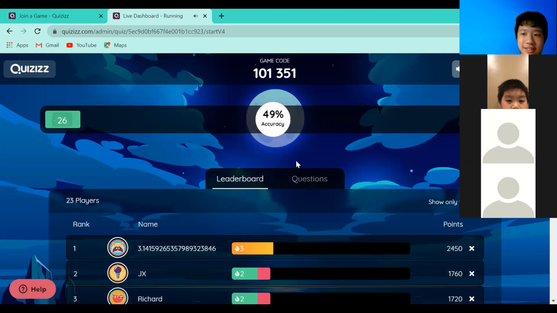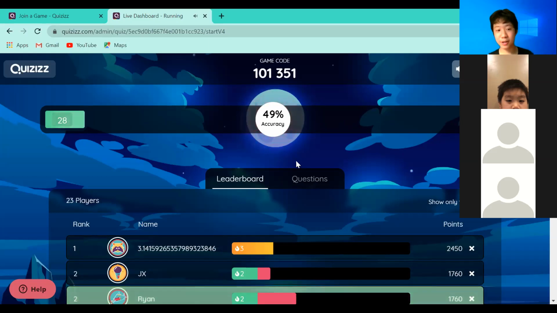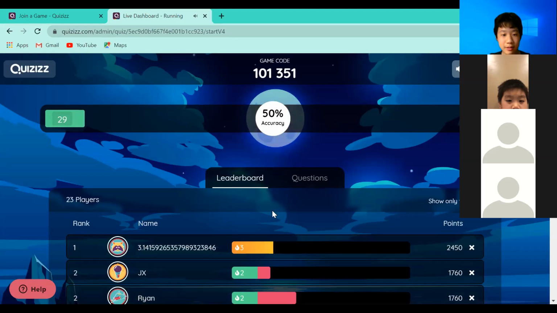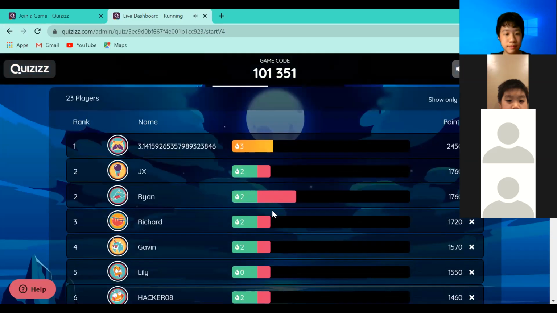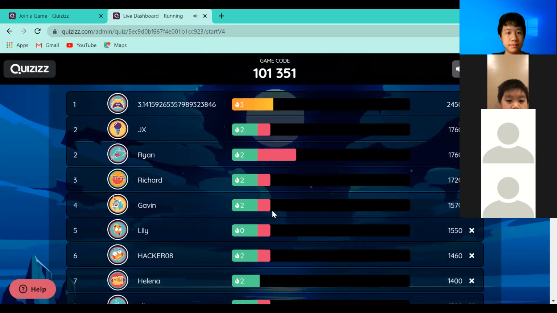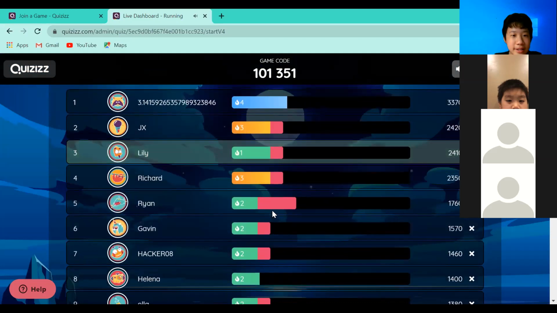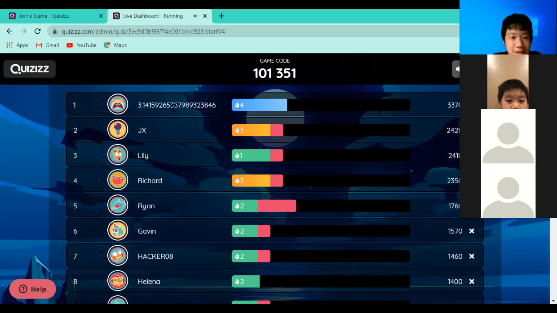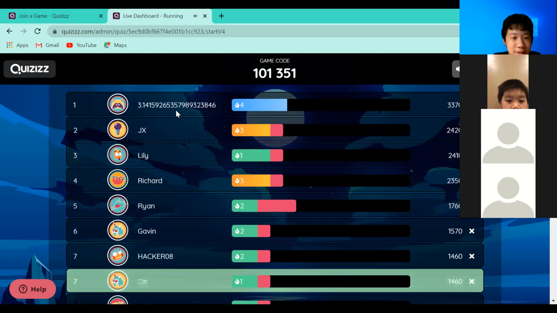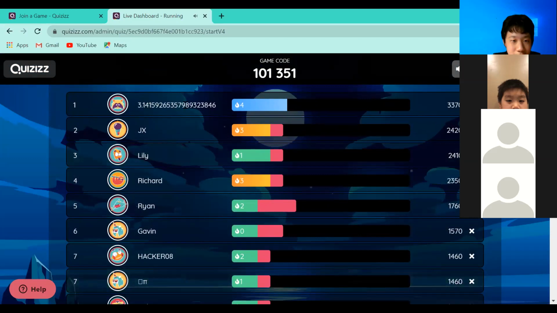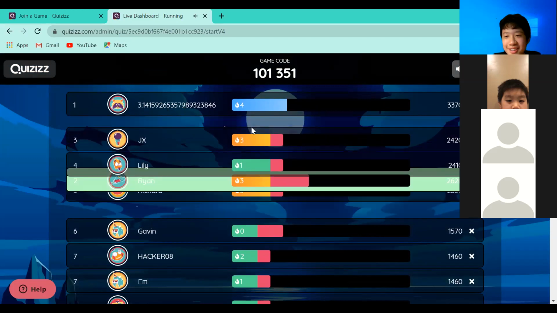Strategy for quizzes is to take your time. Try to get them right better than getting them fast. Pi is in the front right now. I think that's right.